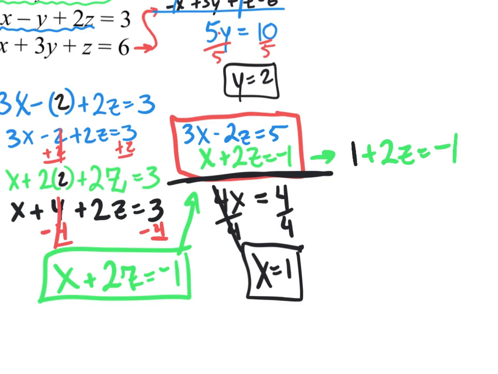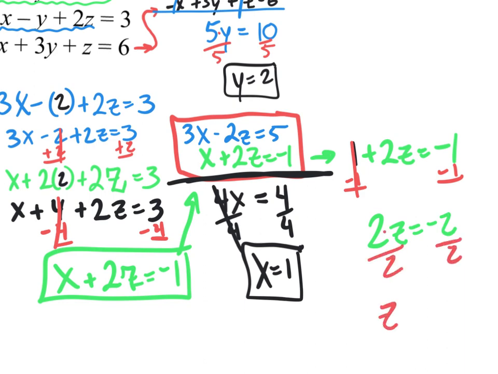Let's get the 1 on this side over here, giving us 2z equaling negative 2. Final step would be to divide by 2, z equals negative 1. So ladies and gentlemen, I have my x equals 1, my y equals 2, and my z equals negative 1.